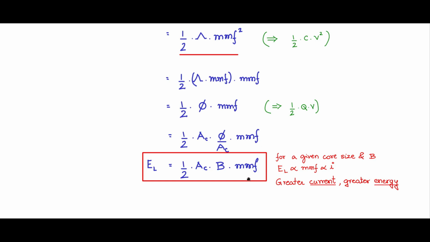So how do I increase the storage capacity of the inductor? So let us see that. It is of interest for us to see that for a given size of the core and flux density, we would like the inductor to handle more and more energy. So let us understand this by drawing the BH axis, and let us take a typical core where you have the BH curve like this.